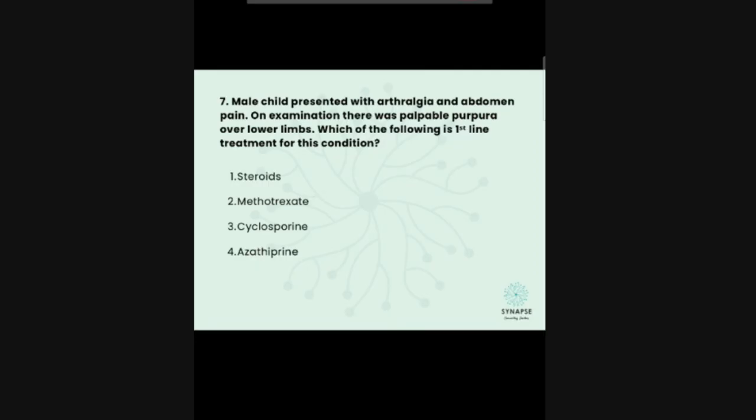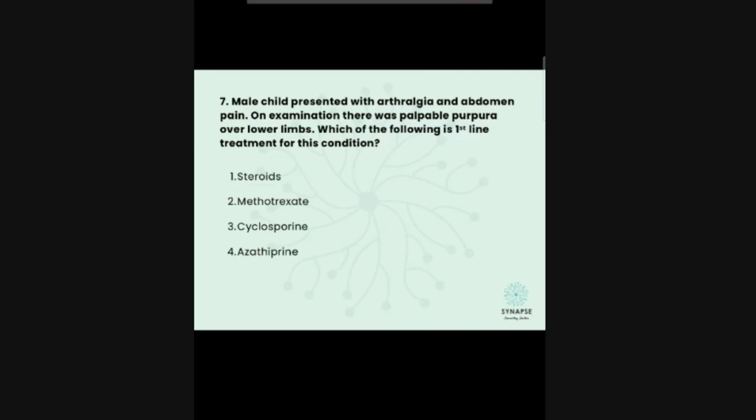The case goes from the surgeon's perspective, with a lot of abdomen pain evaluation. Later, after 15 or 20 days, we see palpable purpura and then think of IgA vasculitis. It can even mimic intussusception.